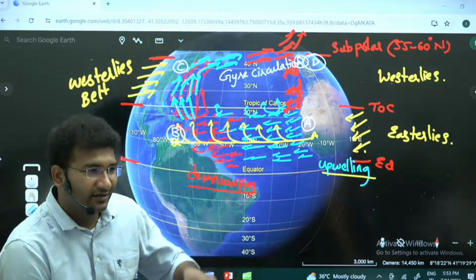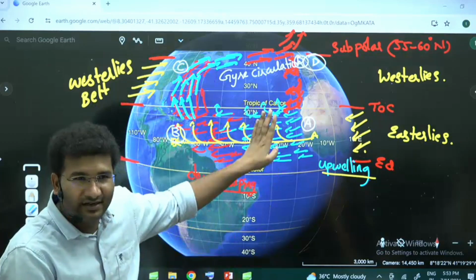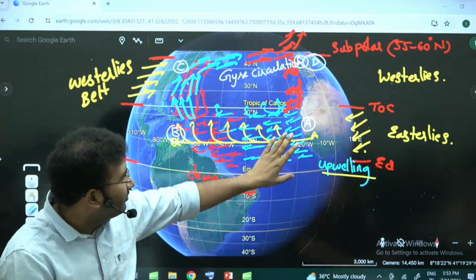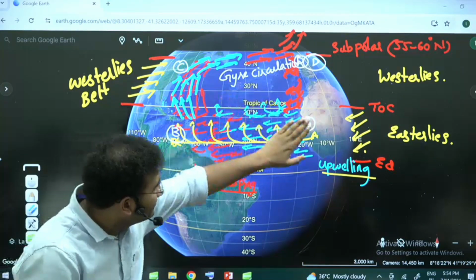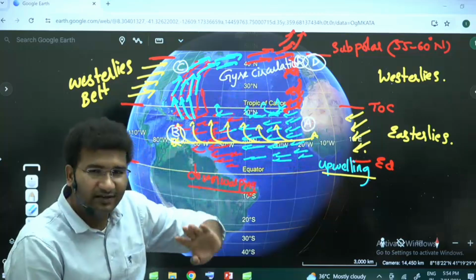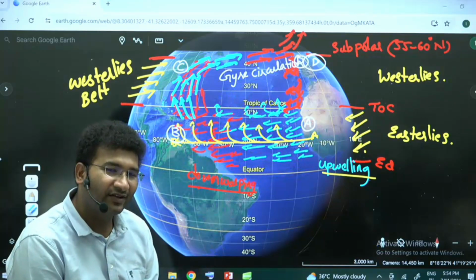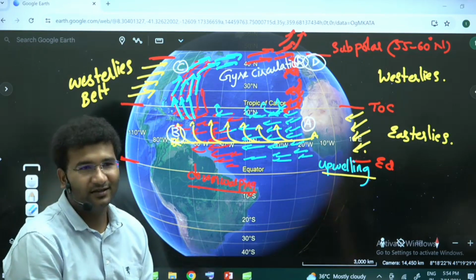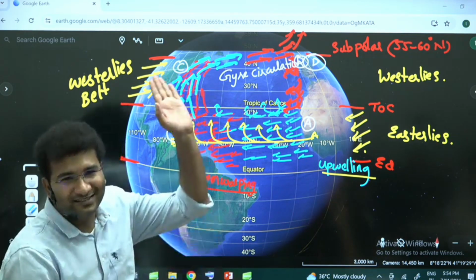That means the ocean water is deciding what kind of climate there should be. Remember, in the tropical areas, I hope everyone understands the language, tropical, subtropical. Okay? These are the tropical areas. In the tropical areas, can I say the eastern coasts are having cold water? How many of you say yes?